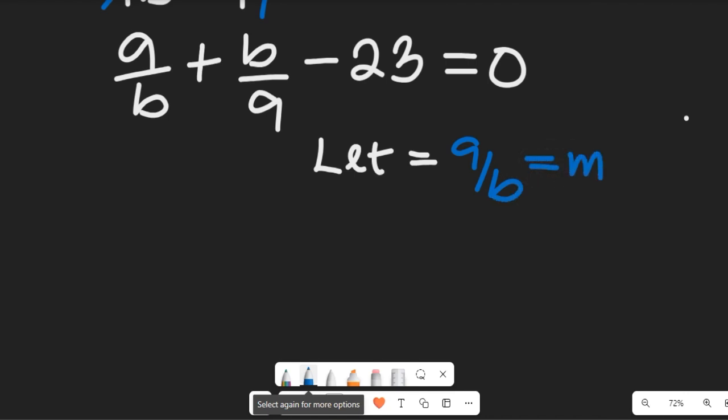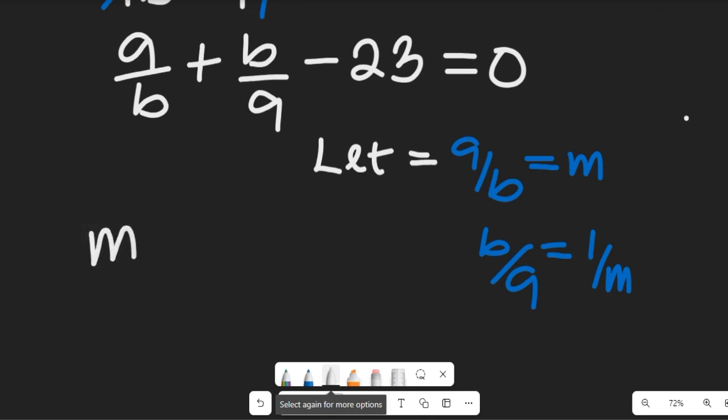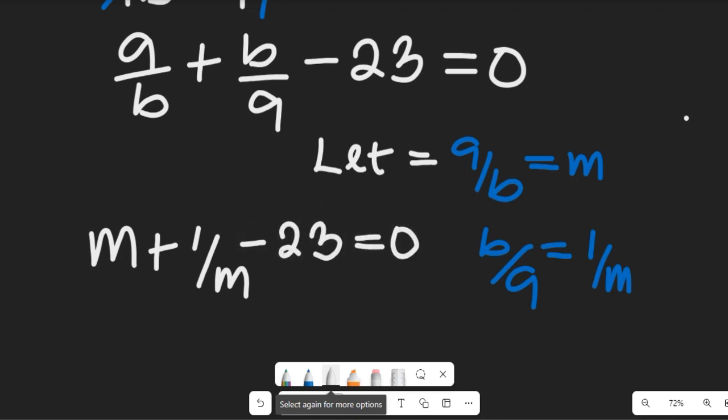Now if a divided by b is equal to m, then the reciprocal b divided by a will definitely be equal to 1 divided by m, right? So that is exactly what we're going to have. So that expression will now be simplified to m plus 1 divided by m minus 23, and this will be equal to 0.